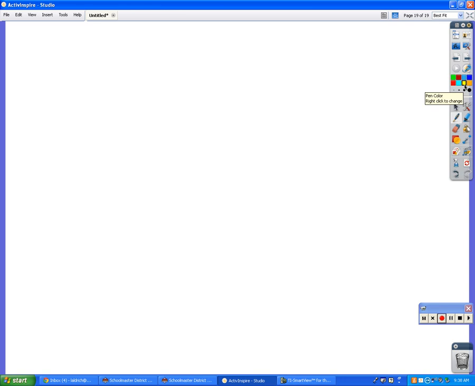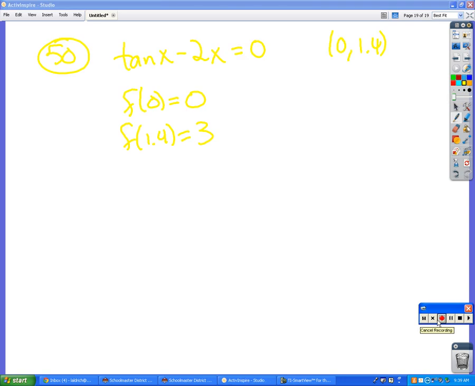Mr. Rosen, about 50. They're saying doing 0 doesn't work because f of 0 is 0. So we need to find a different number in this interval where when you plug it in you get a negative answer. So basically you could just do at this point a guess and check. You could say f of 0 is 0, so that's not going to work. Try f of something else. Well, let's not guess the right answer right away.